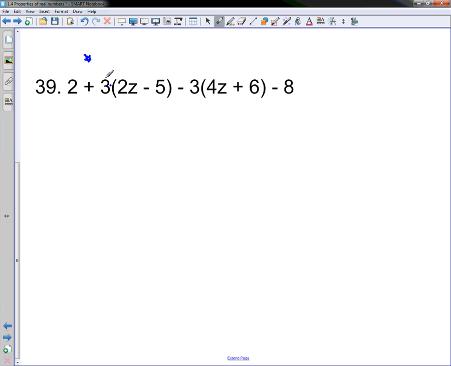So we need to take this positive 3, distribute it in first, and that 2 out front is just going to continue on down. In my second parentheses, I have a negative 3 in front, so I'm going to distribute that in. Notice I'm not going to distribute it to the negative 8 because that's behind. And this is a minus 8. Notice that it's not right next to the parentheses.